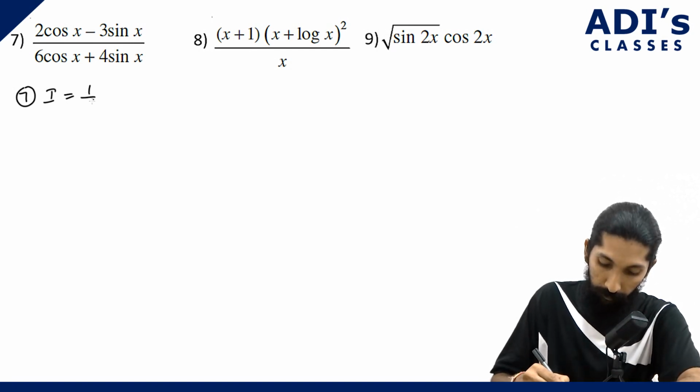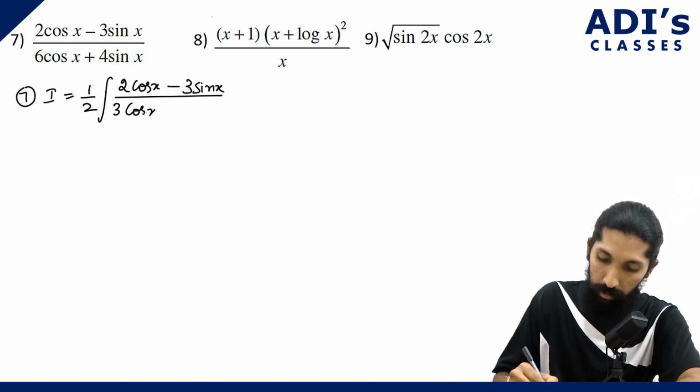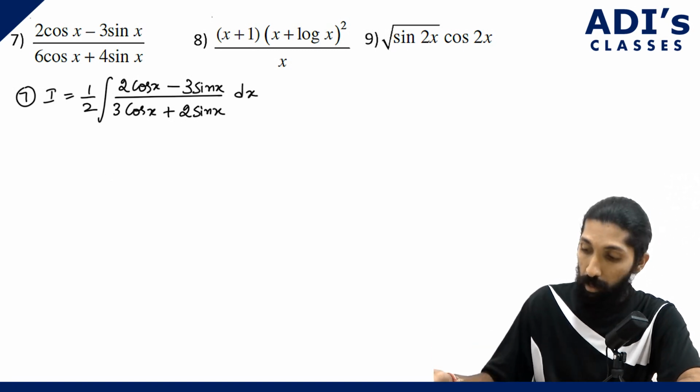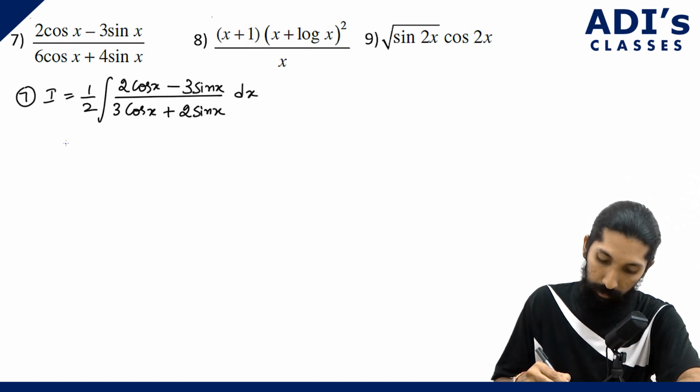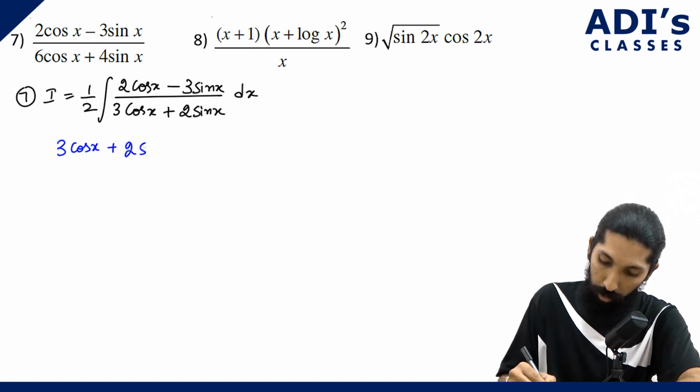So half integral of 2 cos x minus 3 sin x divided by 3 cos x plus 2 sin x dx. Now what we do, we can take 3 cos x plus 2 sin x as t.